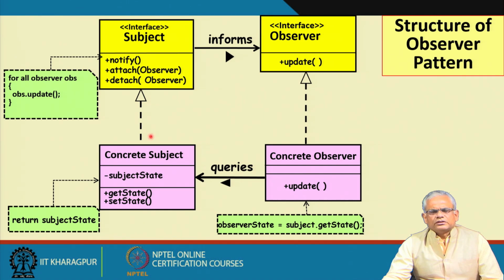They are stored, and as a change occurs, it calls the update method on the concrete observer. Whenever there is a change, the concrete subject calls the update method of all the registered observers. That is what I have shown here.